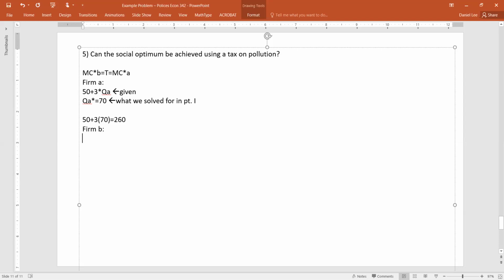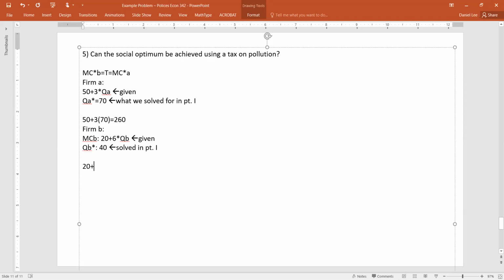So we were given a marginal cost for firm B. That's 20 plus 6 times QB. And again, this was given information. We also solved for the social optimum for firm B. We solved that at 40 in part 1.